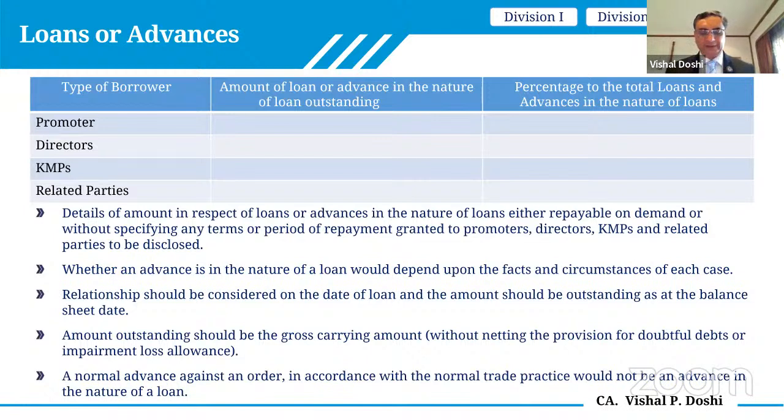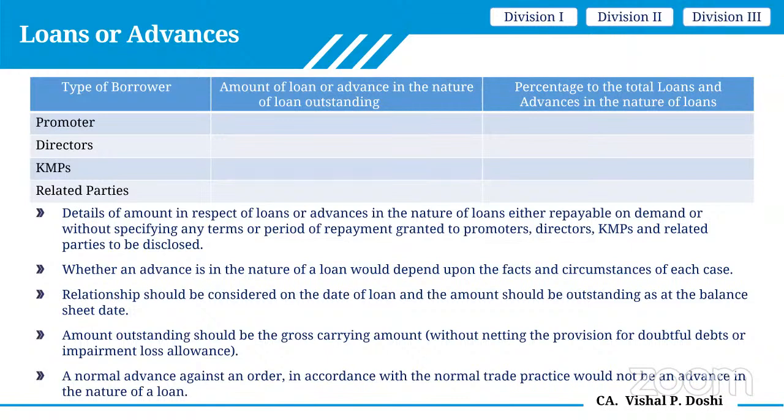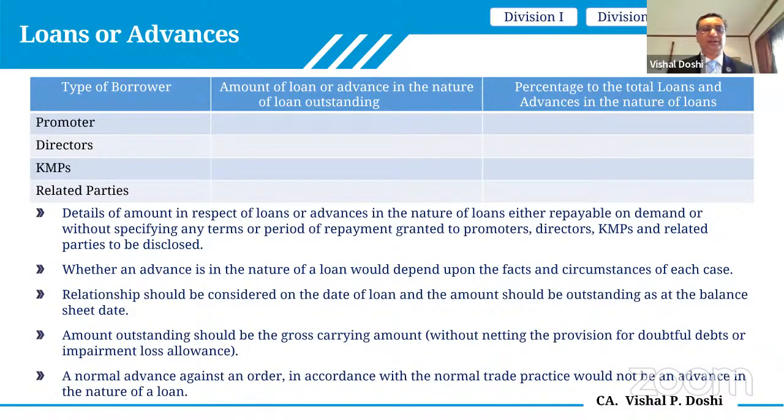Now let us say hypothetically that in the last year or in the current year also, they have entered into a contract for this job work or for supply of materials to the extent of, let us say, 15 crores for the full year. Now in the month of April or May, they have given an advance of, let us say, 8 crores. So now as an auditor, we will have to judge whether this advance is actually an advance or it is an advance which is in the nature of a loan.